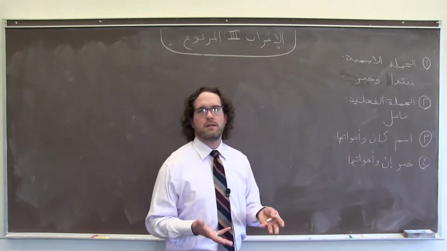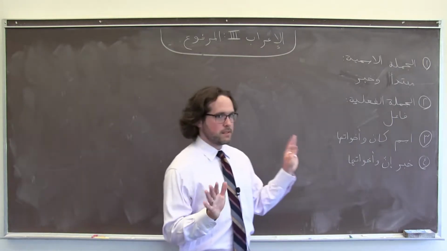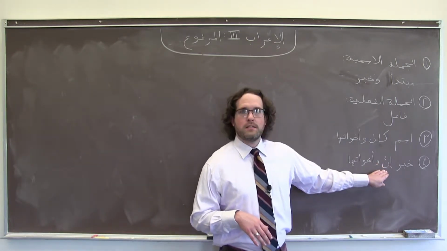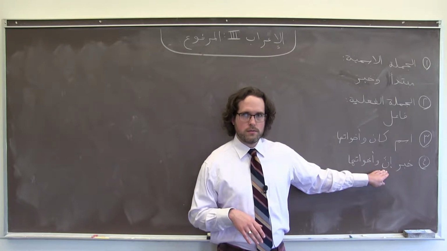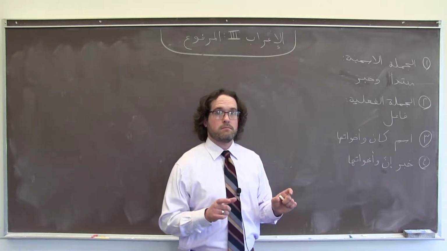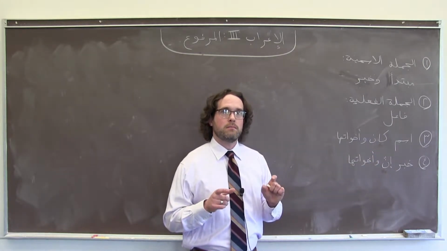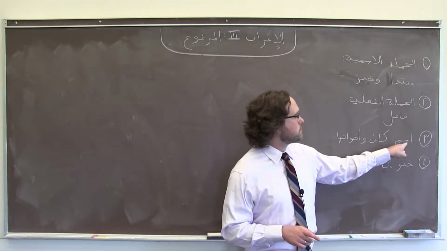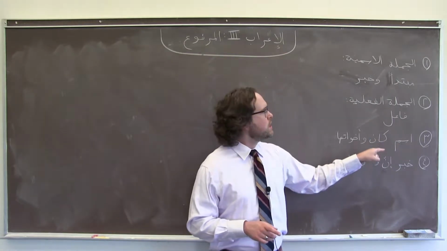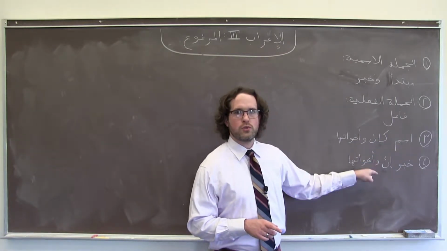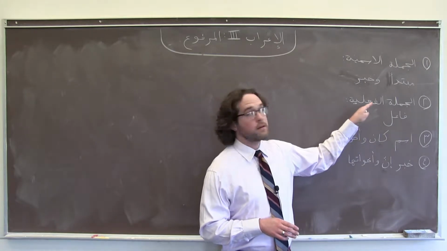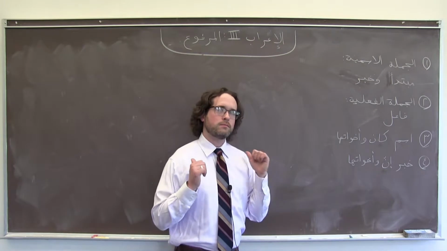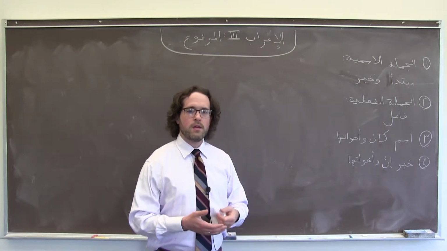Again, that's kind of like a subject, a mubtada. Same idea. And in a sentence with inna or one of its sisters, the khabar of inna is marfu'a. It's sort of a reversal of the situation of ism kana. And we have videos on those two subjects as well as videos on verbal sentences and nominative sentences that you can go and check out if you need a refresher.